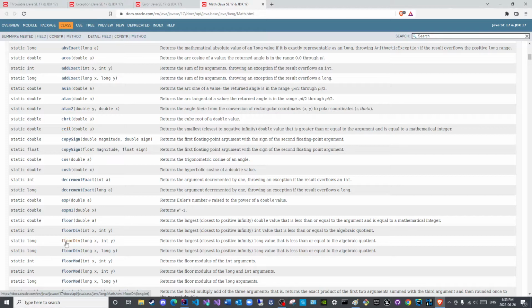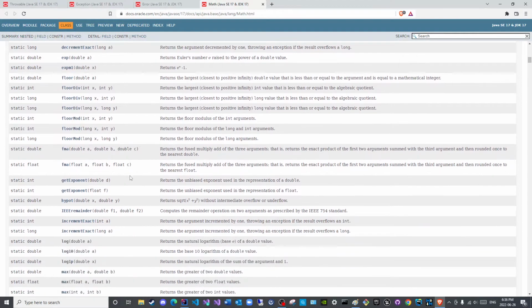Sorry, I confused myself with floor. So ceil will always round up. So if you have 7.4 or 7.3, it will always round it to 8 regardless. Whereas floor is the opposite. If you have a number such as 7.6 or 7.7, it will round it downwards to 7 always.